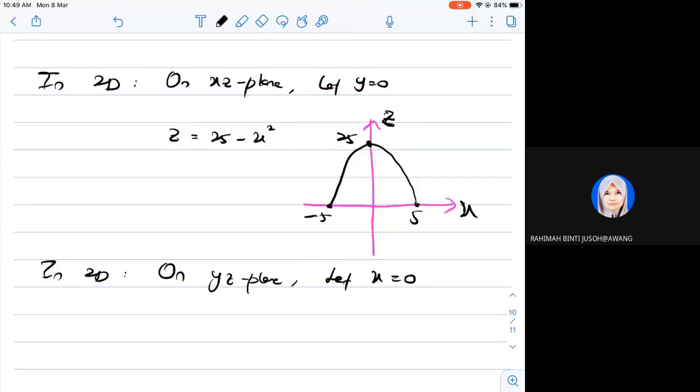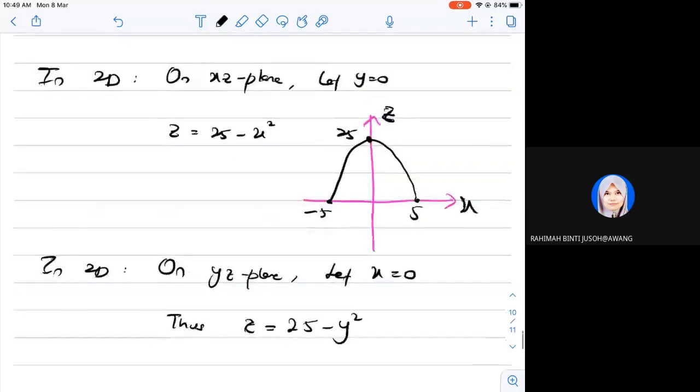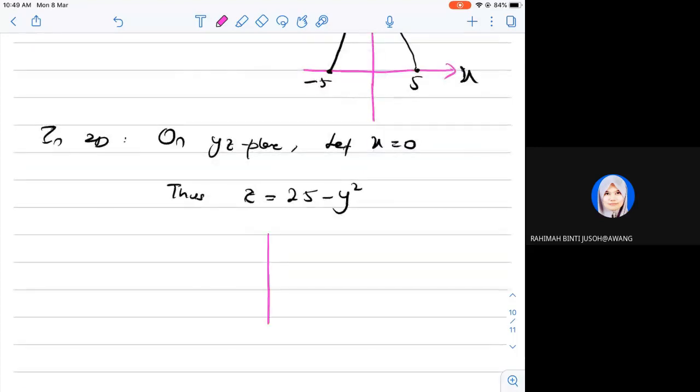X equals to 0, yes. Thus, we will have equation of Z equals to 25 minus Y squared. Tadi 25 minus X squared. Now 25 minus Y squared. Okay, look here now. Kita pun plot lah graph 2D. 25 minus Y squared.